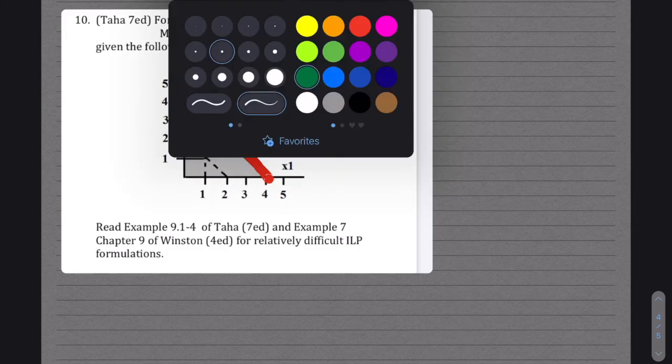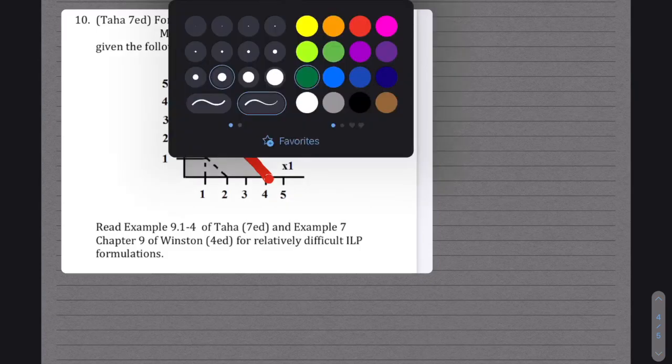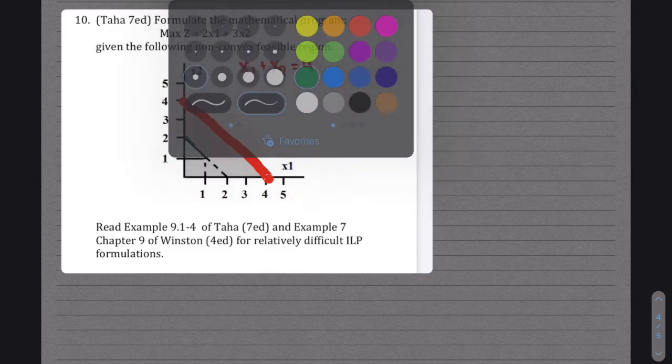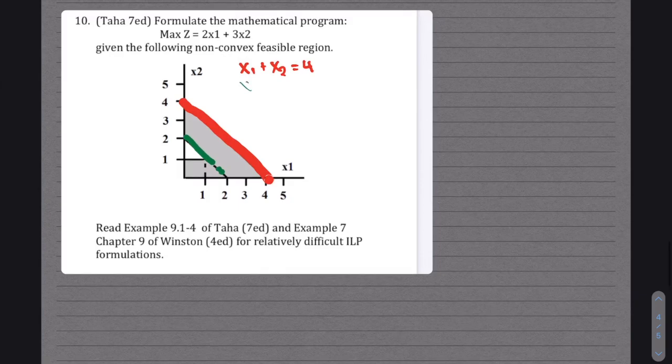The green line is given by the equation x1 plus x2 is equal to 2.